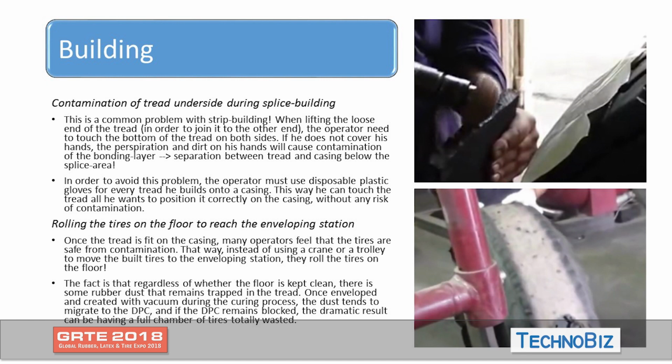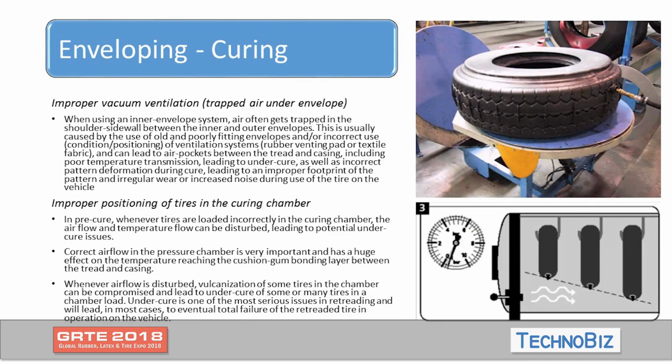And when the DPC is completely blocked by a piece of rubber from a tire that has been rolled on the floor, you throw away the entire pressure chamber, 22 tires, if your pressure chamber has 22 tires. Never roll the tires on the floor, even if the floor is cleaned, it's never clean enough for this job. Next one.